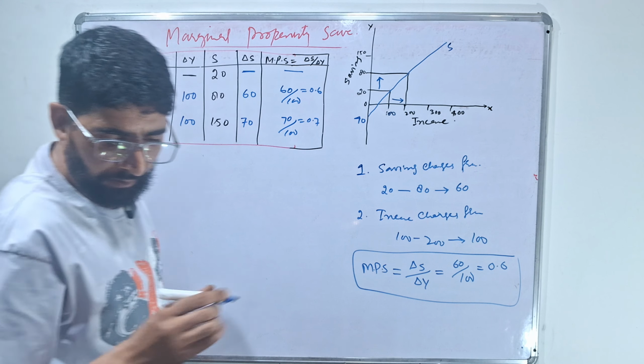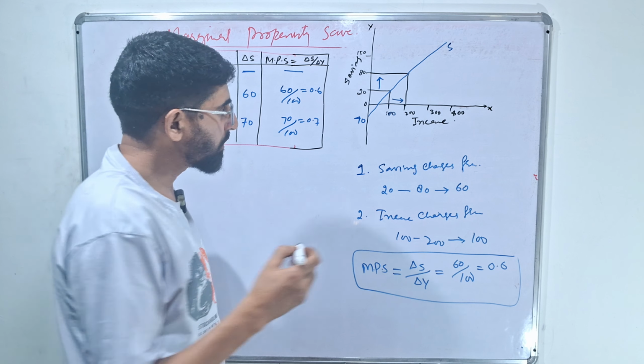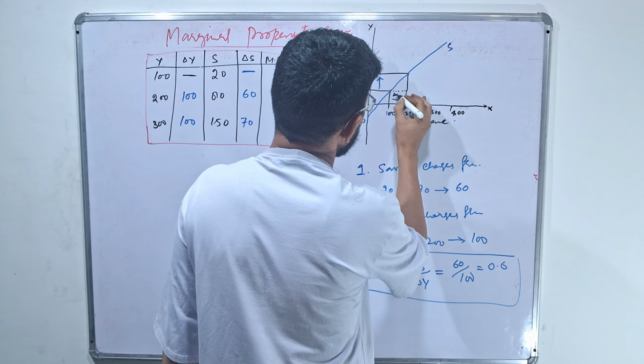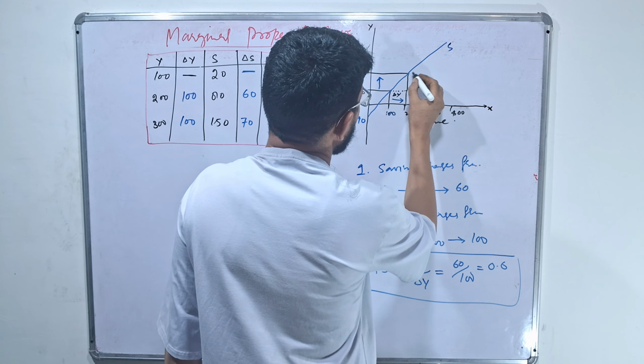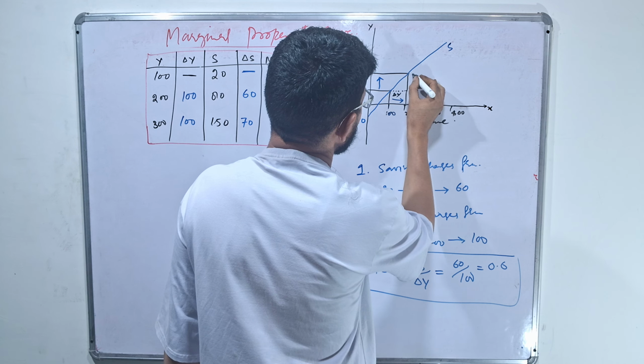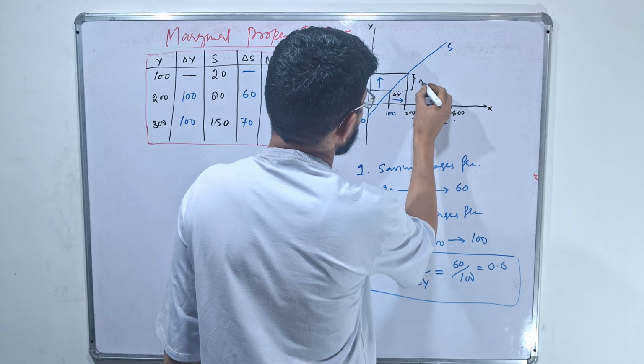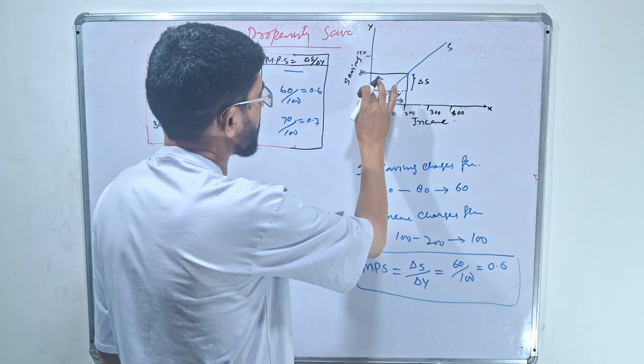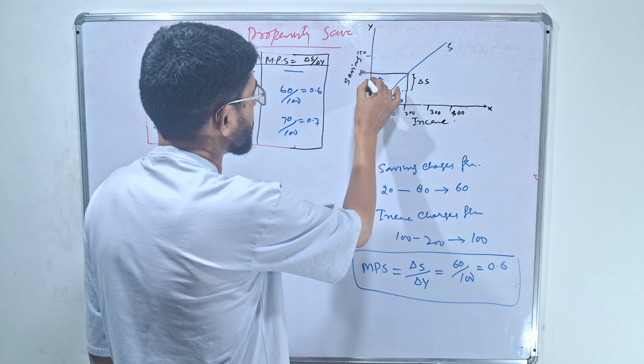Now, this is change in income, y. This is change in saving. That is the change in saving divided by change in income. This change in saving is 20 to 80, this gap is 60.